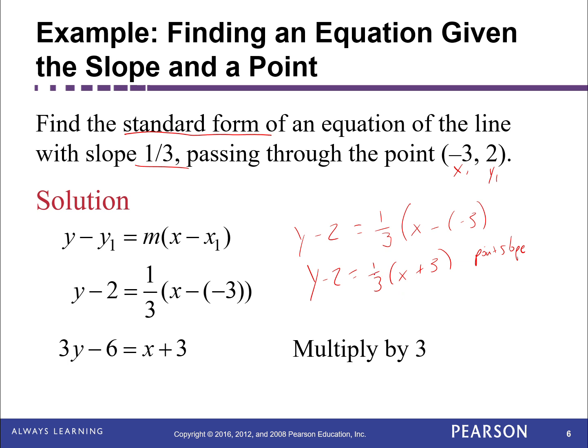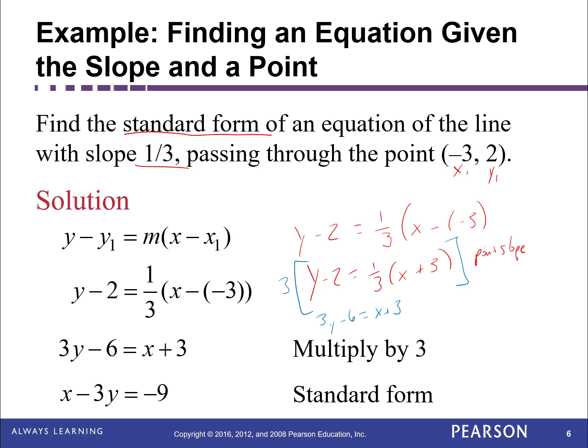What we're going to do first is try to get rid of this fraction right here. To do that, we're going to multiply everything by 3. That's where we get the 3y minus 6. The 1/3 goes away over here and just leaves you with the x plus 3.